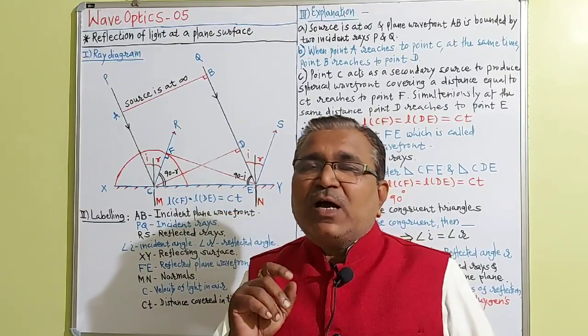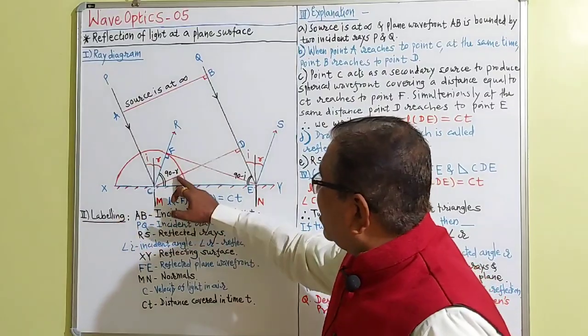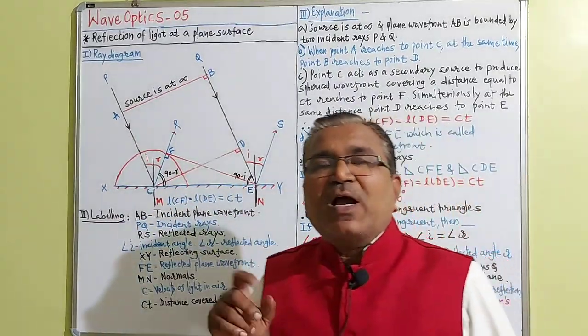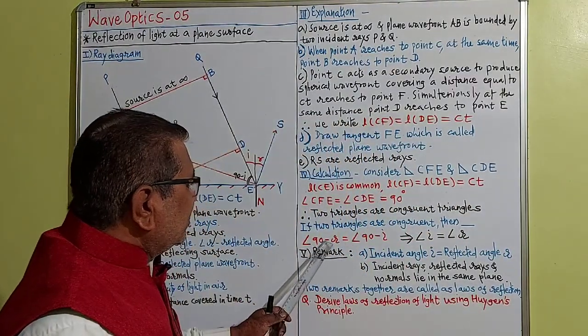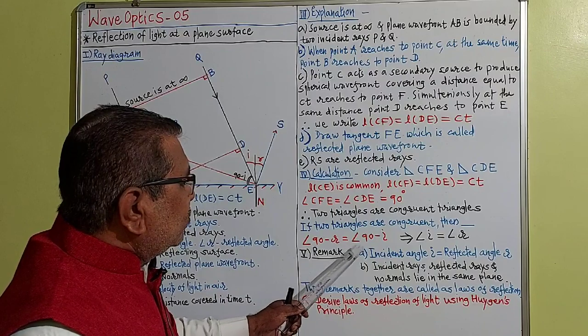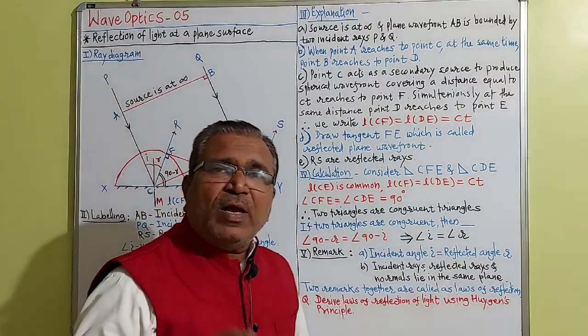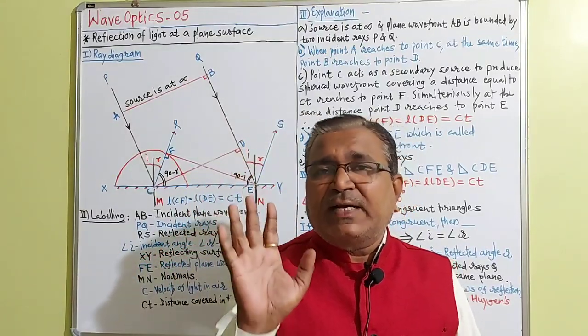So 90 minus R is equal to 90 minus I because of the congruent triangles. Hence angle I is equal to angle R: the incident angle is equal to the reflected angle.